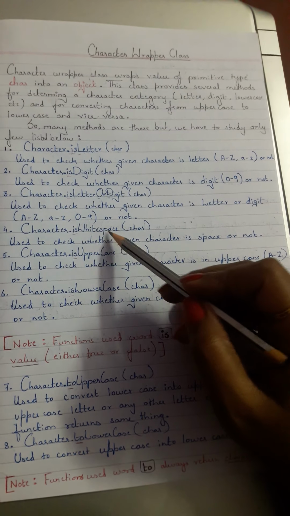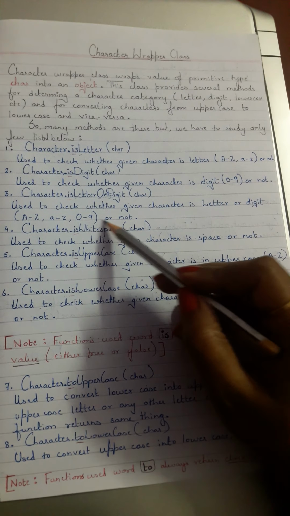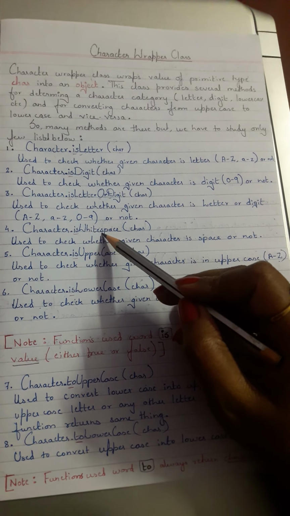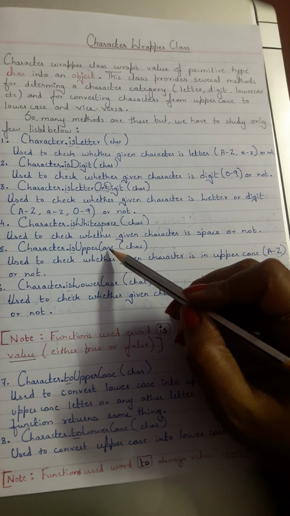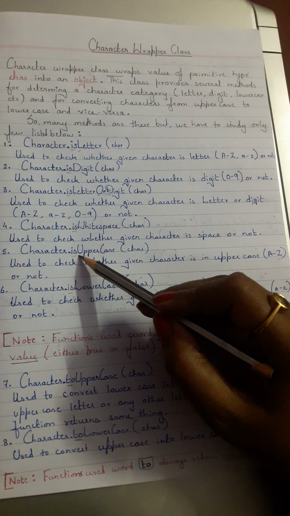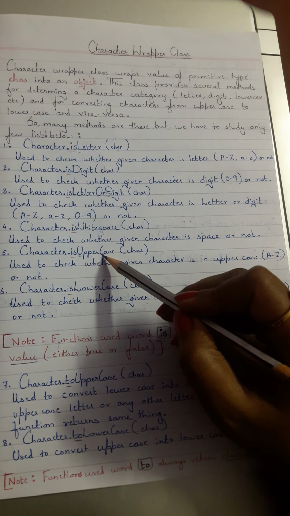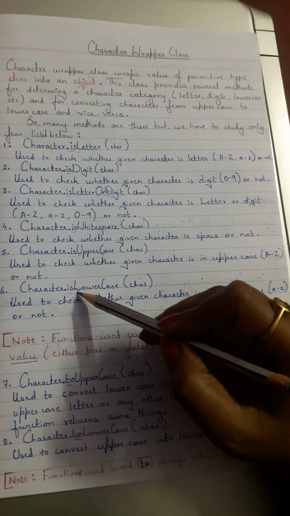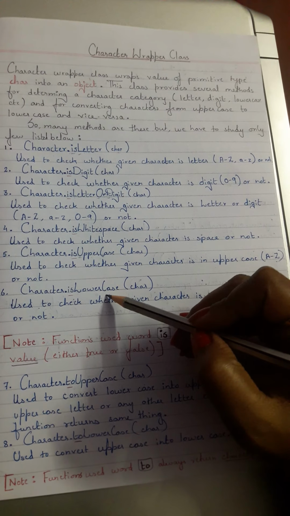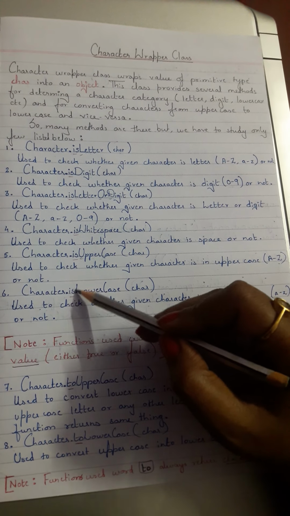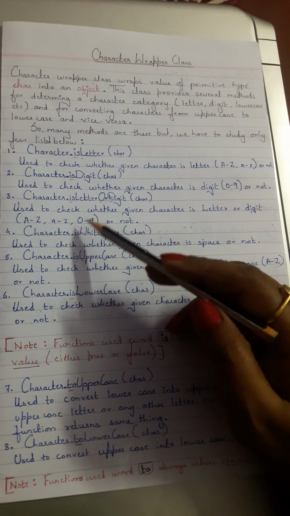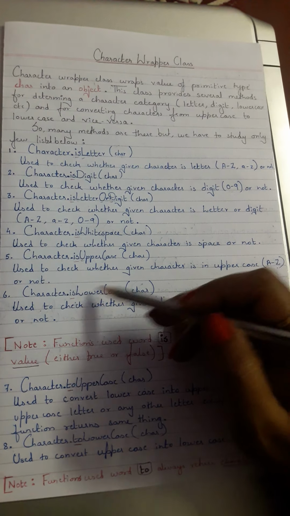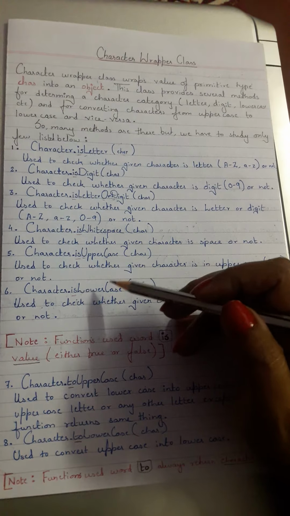See, but whitespace is a combined word, that's why w is small. Upper, a different word, case, a different word, that's why upper U capital, case C capital, lower case L capital, C capital. But the first word should be small, always. No space should be there in between anything.